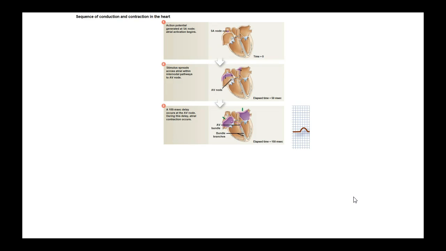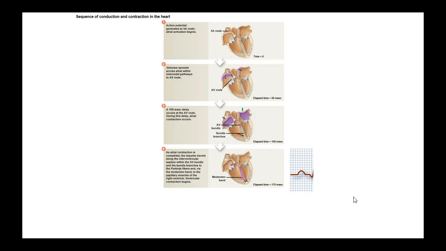Right? Now, where's that electrical signal going to go to next? Where's its next stop? Where's its next destination here? AV node, right? So it goes to the AV node. Okay? And it pauses a little bit there, so that's part of what's going on here. Okay?